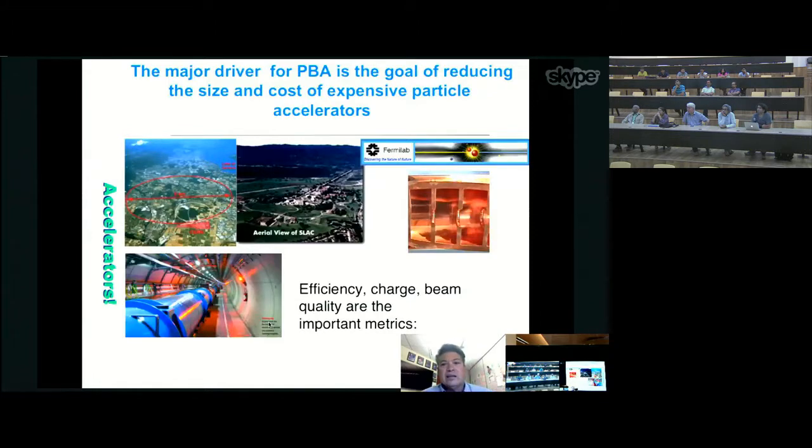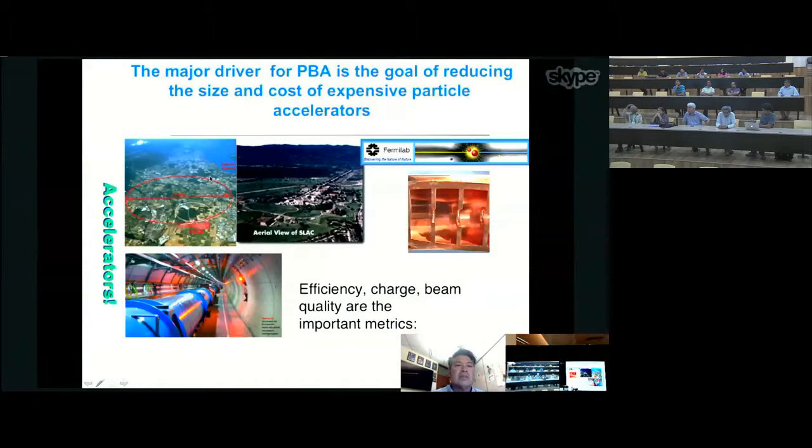It's perhaps obvious, but the major driver for plasma-based acceleration remains the goal of reducing the size and cost of expensive particle accelerators. There are particle accelerators used to collide particles at the energy frontier.